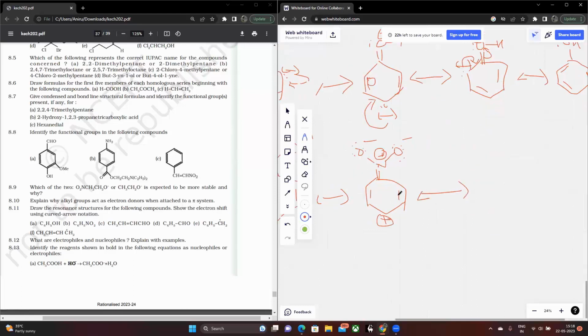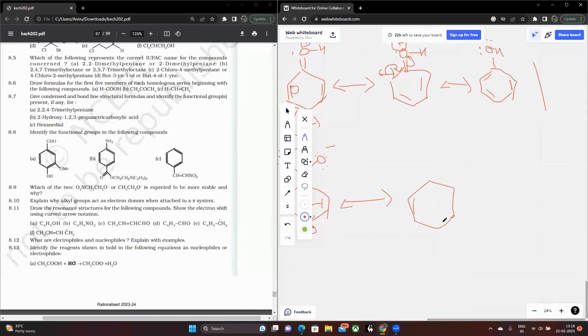And then you have the fourth resonance form that occurs when this double bond shifts to make up for this positive charge. Double bond here, a positive charge here, double bond N, positive on the N, and then you have 2 O's which carry a negative charge each with 3 lone pairs of electrons, right?